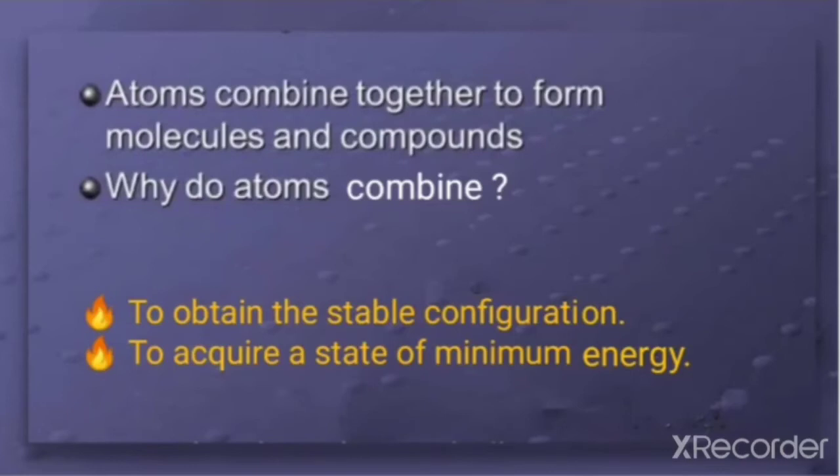In order to acquire the state of minimum energy, the atoms combine, as they are more stable in that state. So, atoms combine to form molecules in order to obtain a stable configuration, that is, to complete the octet, and to acquire the state of minimum energy.